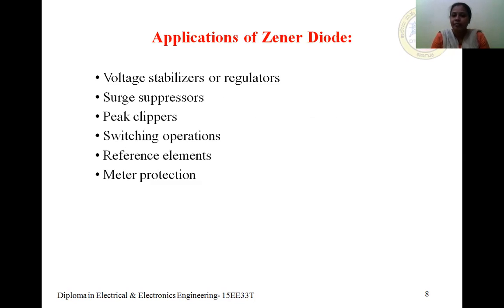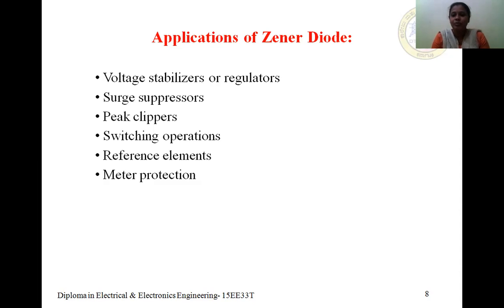Next, it can be used as a surge suppressor. Surge suppressor means there is a sudden rise in voltage spikes, and that can be limited with the surge suppressor. There we can use the Zener diode to suppress these transients or voltage spikes, that is, a sudden rise in the current or voltage for a fraction of a second.